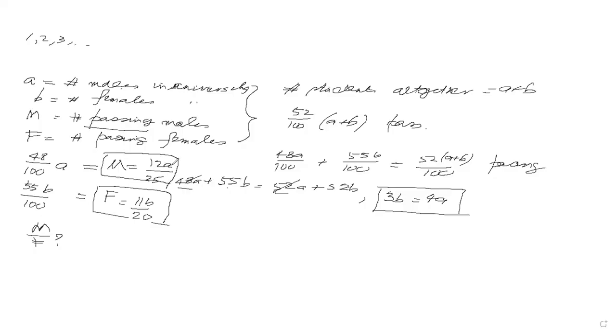When you multiply 12 by A and divide by 25, you get a whole number, because M is the number of passing males. So what's the conclusion from this? This is a fraction, and it's going to be a whole number. 12 and 25 have no common factors. So this means that 25 will go entirely into A. I'll repeat that. 12 and 25 have no common factors, and this thing is a whole number. So when you simplify this, 25 goes entirely into A.